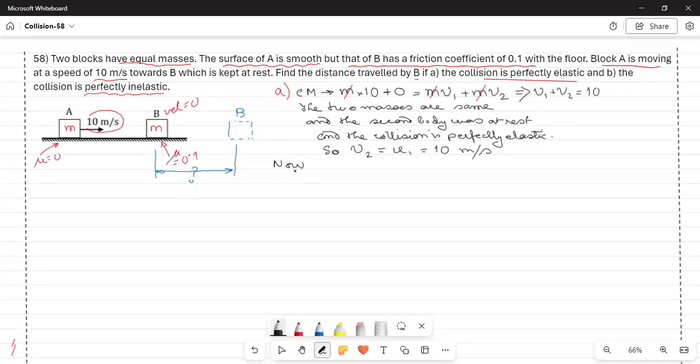Now, if you come to this equation, if v2 is equal to 10, v1 becomes 0. That will happen if the two masses are the same. Now, what is the kinetic energy of B?